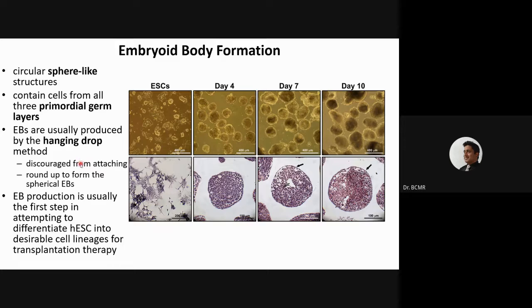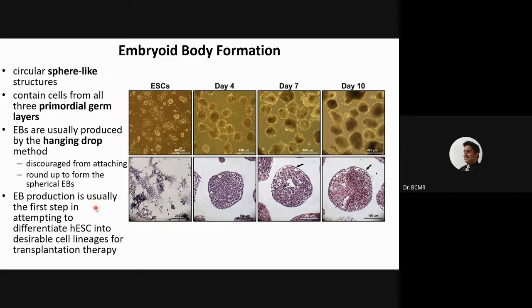So there are some ways to make embryoid bodies. That is by the hanging drop method. We will see in the next slides that in the drop the cells are inverted, right? I mean the drop is present, which will discourage the attachment of the cells to the cell plate.